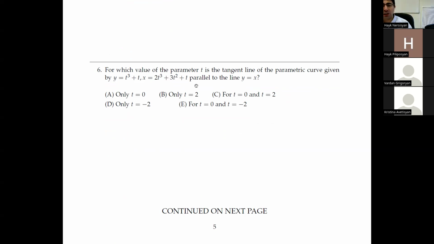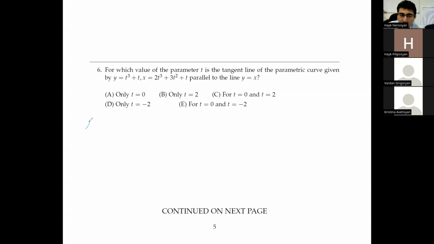Our goal is to understand for which value of t our tangent line will be parallel to the line y equals x. Two lines are parallel if they have the same slope.